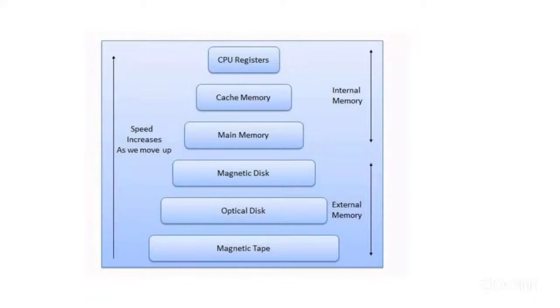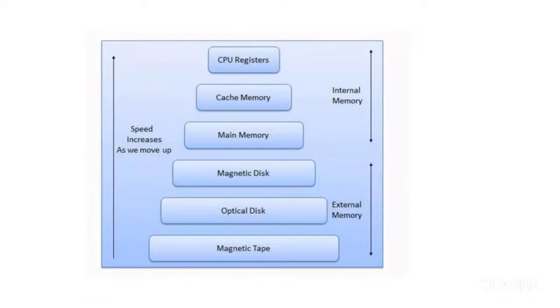The internal memory is CPU registers, cache memory, and main memory. And external memory is magnetic disk, optical disk, and magnetic tape, which come under the external memory. The speed is higher for the internal memory and lower for external memory.